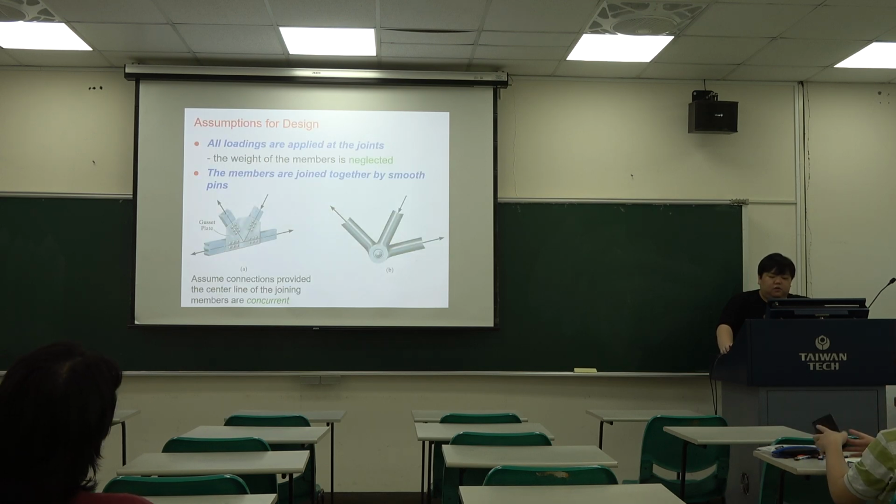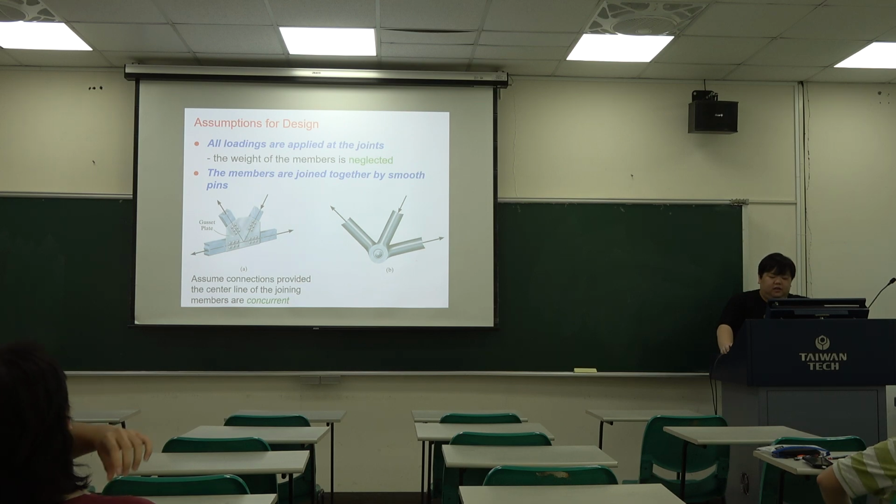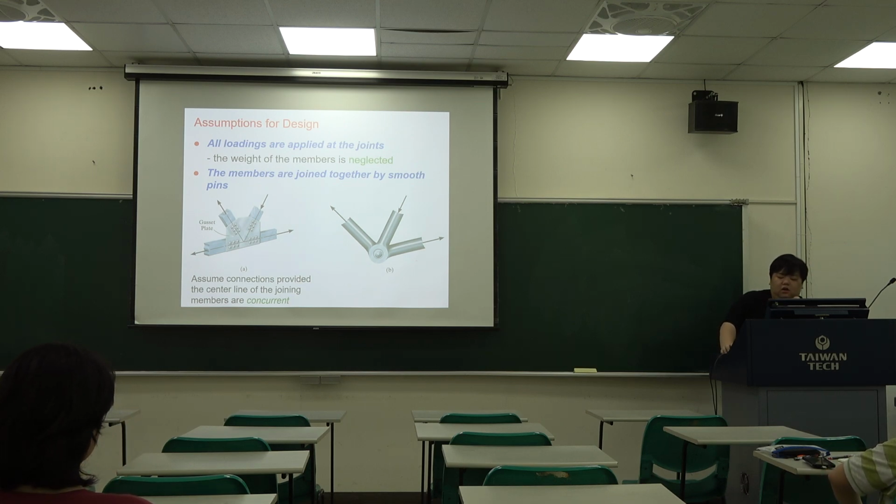Okay, so next we will explain the assumptions for design. All loadings are applied at the joints. The weight of the members is neglected. The members are joined together by smooth pins, like this part and this part.